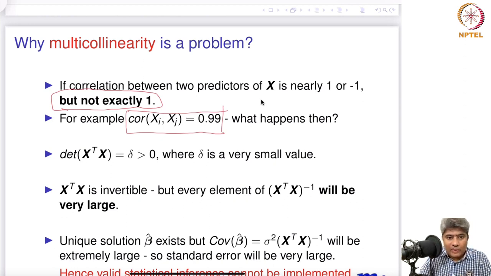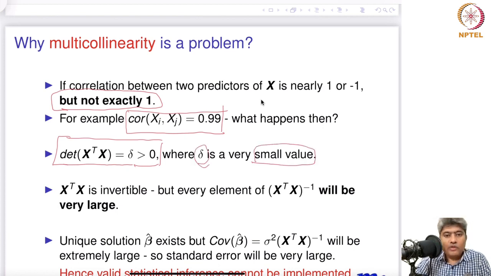In that case, the determinant of XᵀX is some small delta value, where delta is positive. So the determinant of XᵀX will be a very small value. So XᵀX will be invertible. There will be no problem.